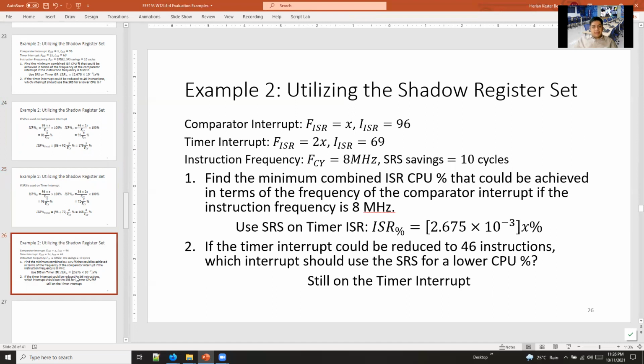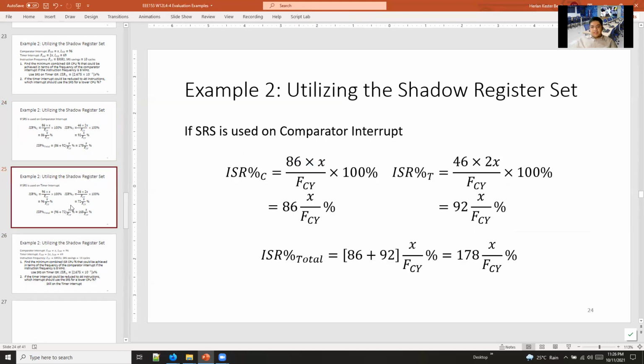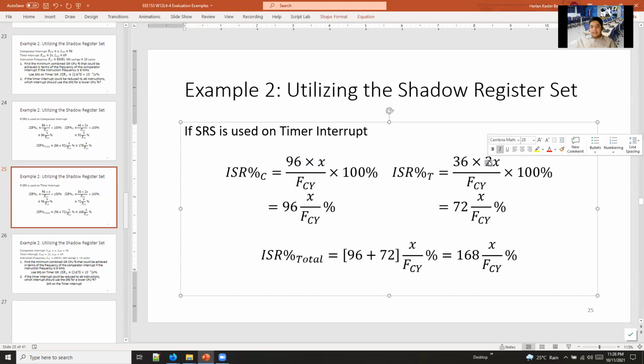So, mapapansin nyo dito, since si timer, siya yung mas madalas mangyari, natatimes 2 yung reduction natin.